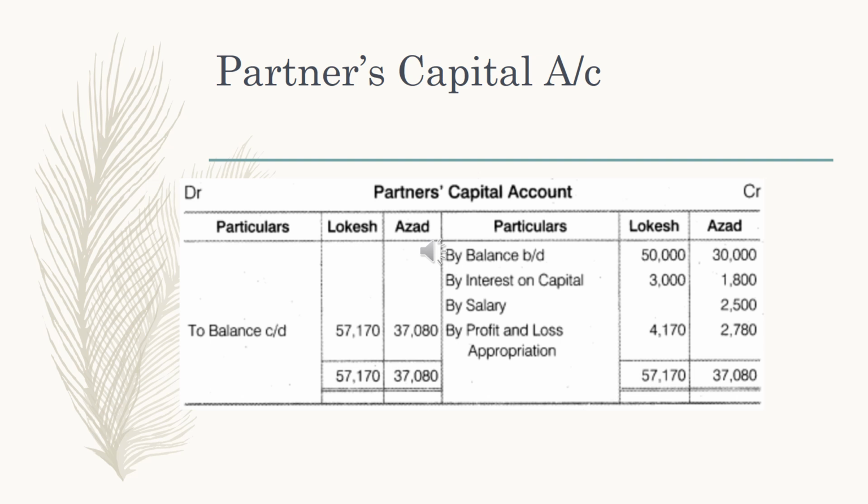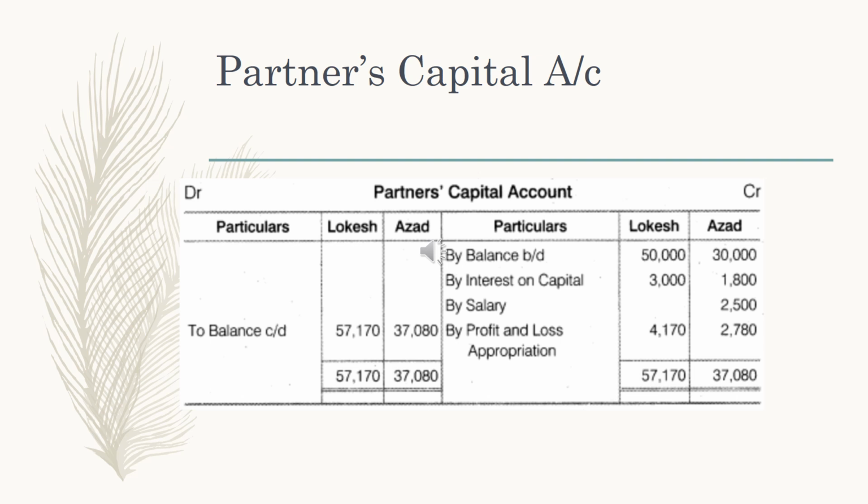I will repeat again. In the capital account, the credit side shows the income of the partners and the debit side shows the expenses of the partners. So partners are going to get interest on capital, one partner is getting salary, and the third item is the profit which is given to the partners. So it is their income side, and wherever they are getting income from, it is written there.